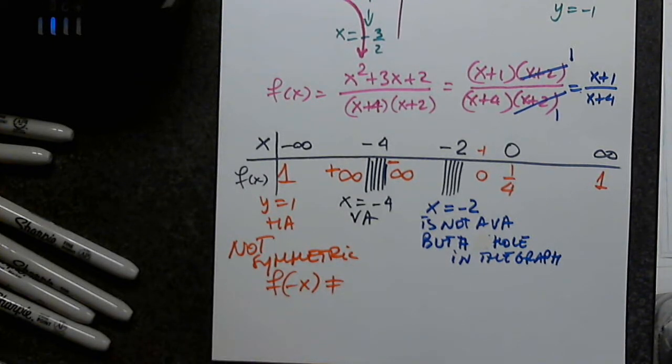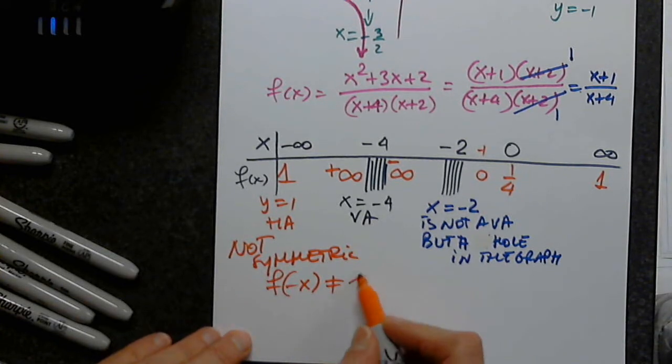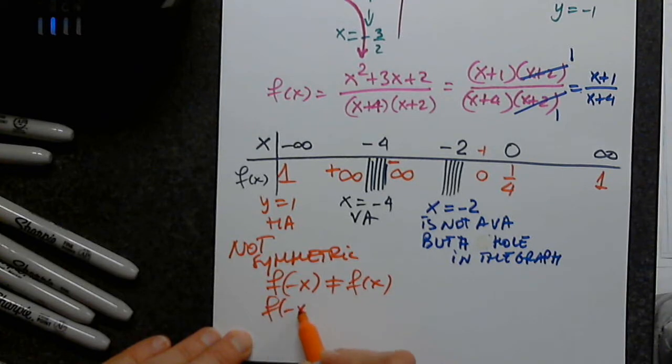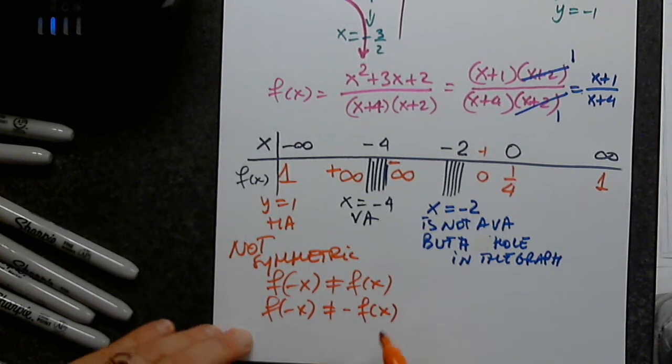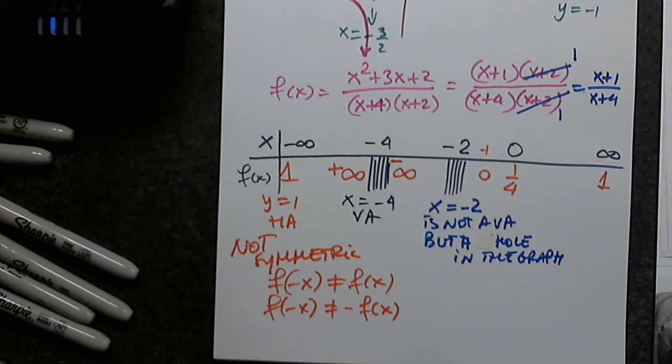Just write it's not symmetric, and I'll assume you checked. Or you can just say a function with a vertical asymptote at -4 and a hole in the graph at -2 cannot be symmetric in any way. Is it only ever symmetric if the horizontal and vertical asymptotes are the same distance from 0? Exactly. For example, we're going to get to the tangent function. Tangent function is that case.